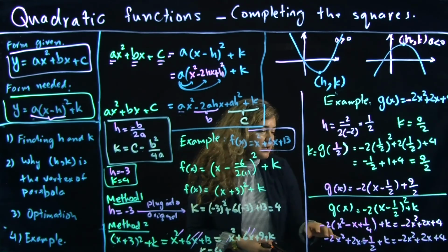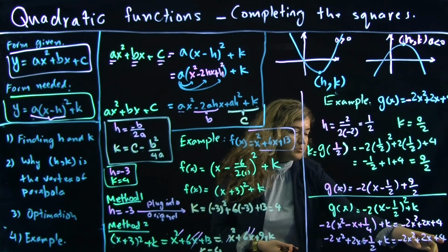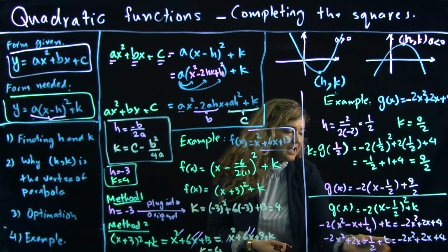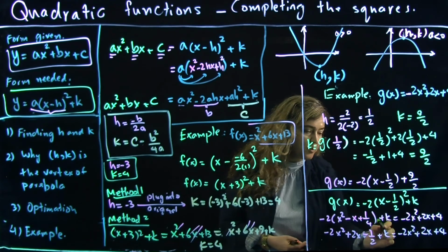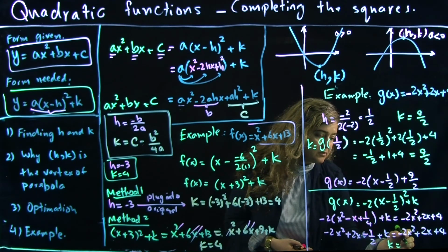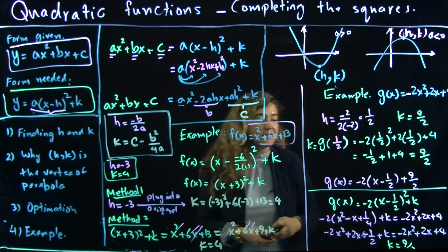Again, we solve, and k turns out to be 4 plus 1/2 because all the rest will simplify, and 4 plus 1/2 is equal to 9/2 again.